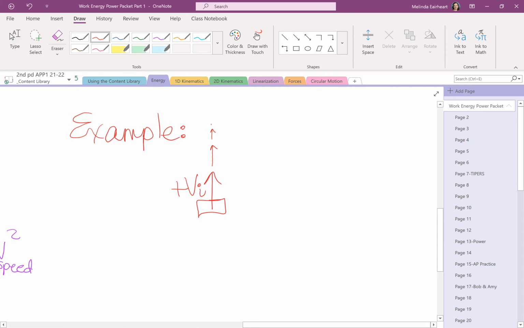It's going to start slowing down, and so we can show that with our velocity vector getting smaller. And what's causing it to slow down? Gravity. So don't forget there's a gravitational acceleration, AG, acceleration due to gravity, or just little g. And then it goes up, up, up, up, up.